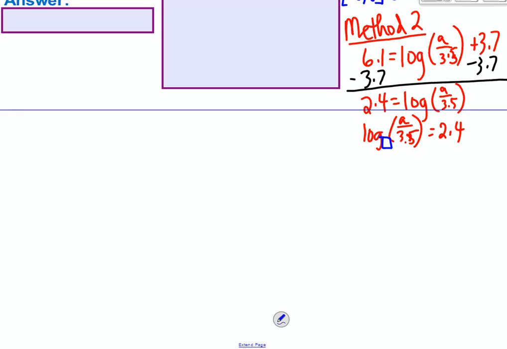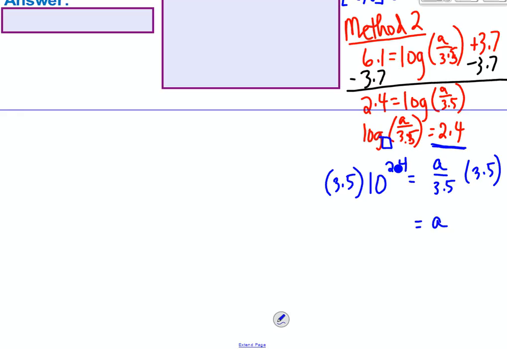So we can rewrite this in exponential form as 10 raised to the, and remember a logarithm is an exponent, so the exponent is 2.4: 10 to the 2.4 equals A over 3.5. And then to get A alone, we can multiply each side by 3.5, and by doing that, we'll get our approximate value of A.